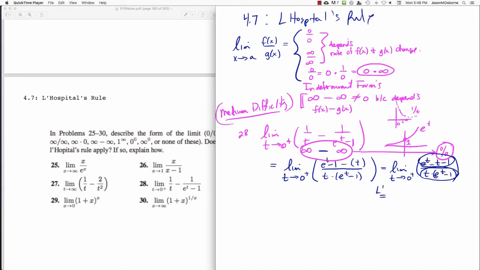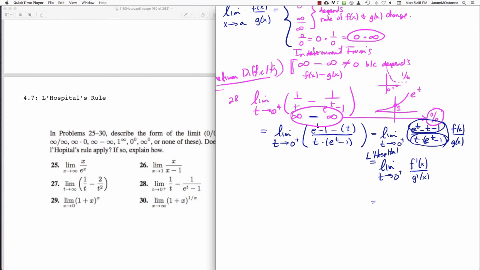L'Hopital's rule says that if we have the limit of a function f divided by a function g, we can instead compute the limit as t goes to 0 from the right of the derivatives of those functions. The derivative of the top function is e to the t minus 1, and the derivative of the bottom requires a product rule: first times the derivative of the second plus the second times the derivative of the first.